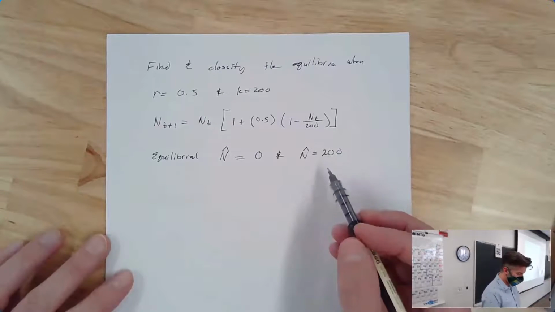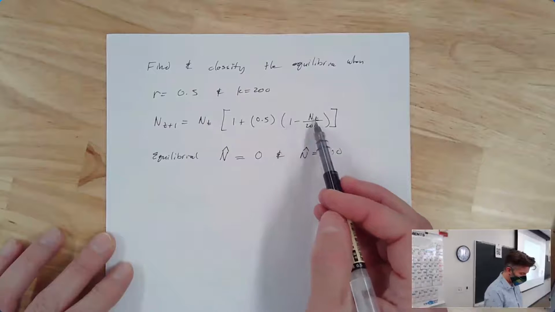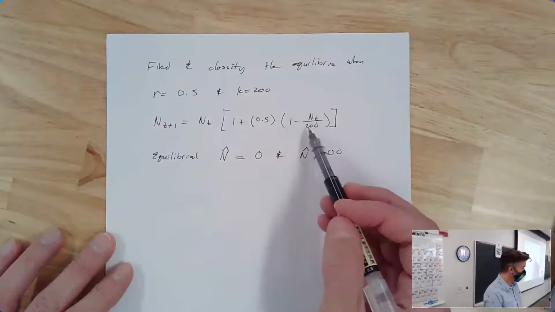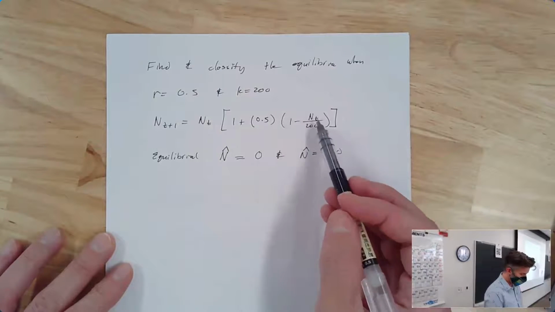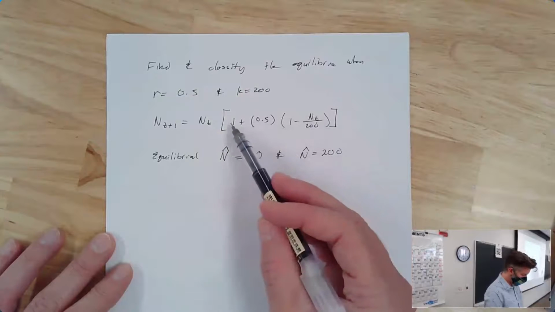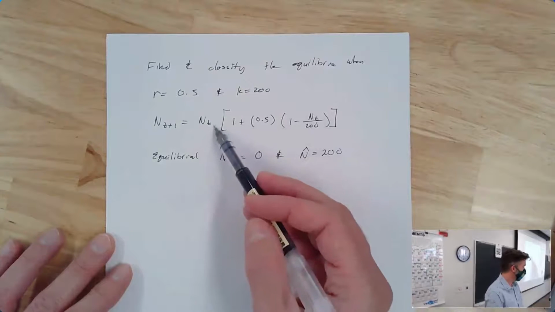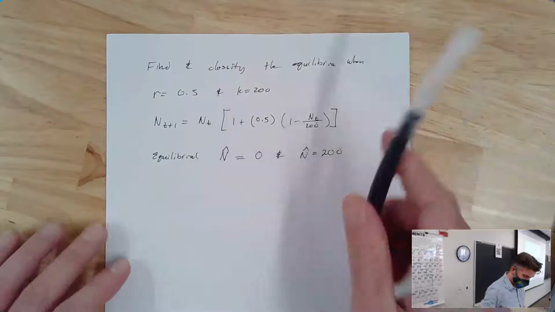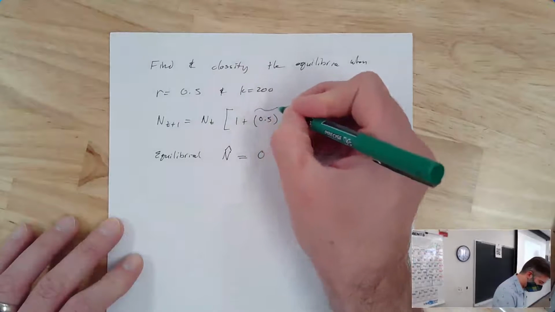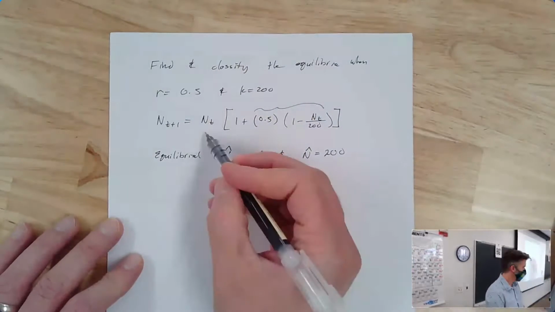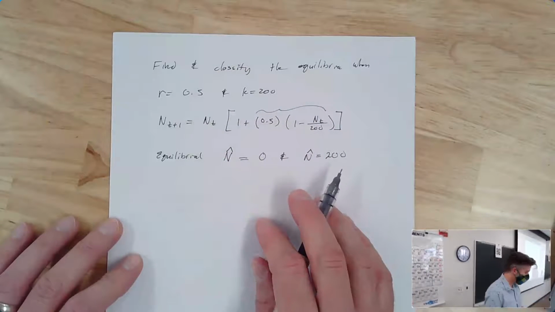I get 1 minus 200 over 200, that's going to be 0. And then I'm going to get 0 times 0.5 is still 0, plus 1 is 1, times 200. So when I plug in 200, all of this part goes away and you just get 200 times 1. So you get 200. Nice.